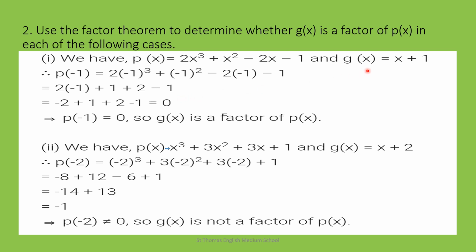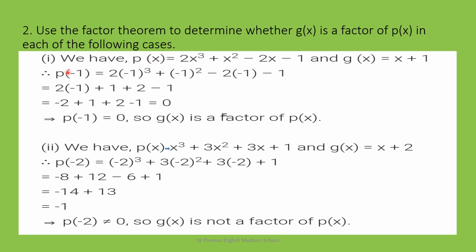That is, first you are finding the value or 0 of the polynomial g of x. For that you are substituting g of x equal to 0, that is x plus 1 equal to 0, x equal to minus 1. And you are substituting x equal to minus 1 in the given polynomial p of x.